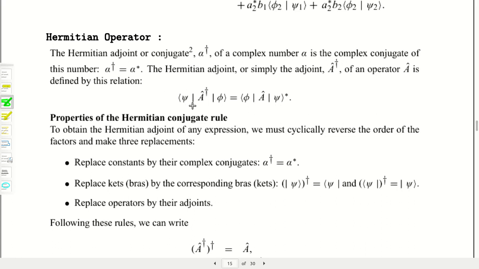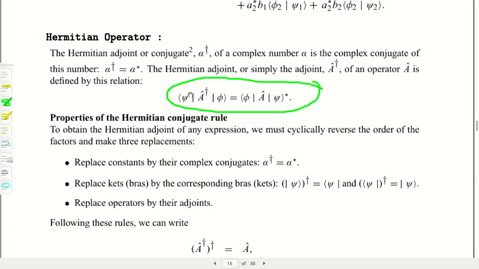Here you can see an operator A is there, and its Hermitian adjoint is symbolized like this, A dagger. Okay, A is a quantum mechanical operator, and A dagger is the Hermitian adjoint of the operator. The Hermitian adjoint is defined by this relation, that is, within the bracket psi A dagger phi is equal to phi A psi whole star.